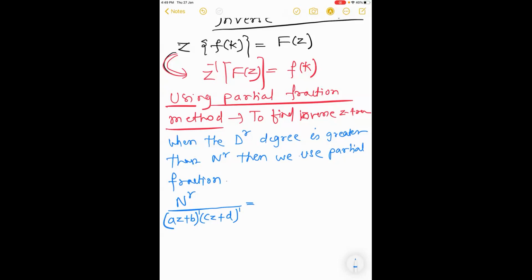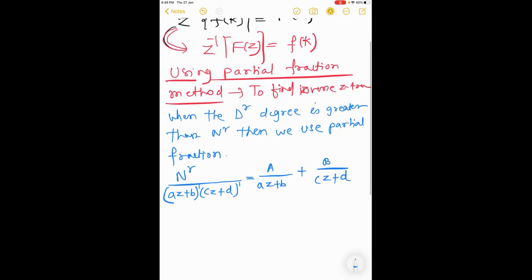So I can write this as A upon az plus b plus B upon cz plus d, where capital A and capital B are the unknowns to be evaluated. Now how will you determine them?